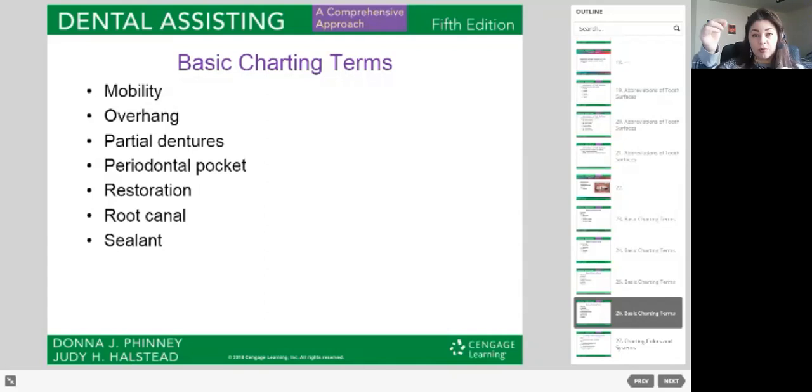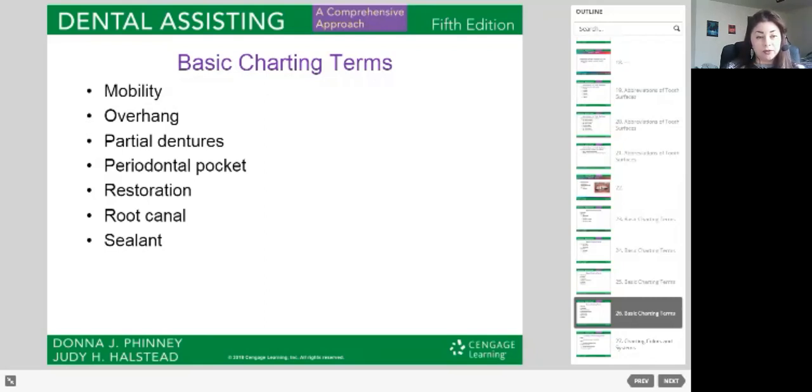They're taking the probe, sliding it along the long axis of the tooth, and measuring the bone level of those teeth. Healthy gum tissue is between 1 and 3. 4s are considered gingivitis, and anything 5 and above is going to be considered periodontal disease. Actually, 4s are gingivitis. 5 and above is perio.